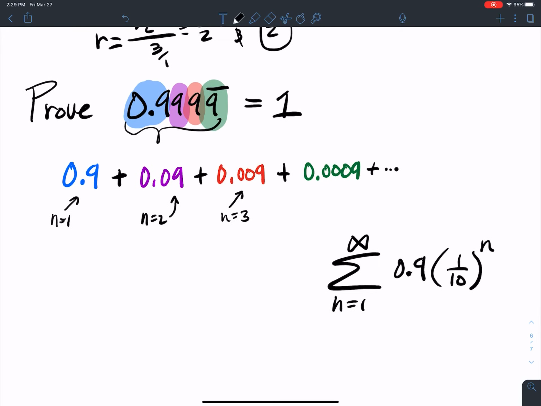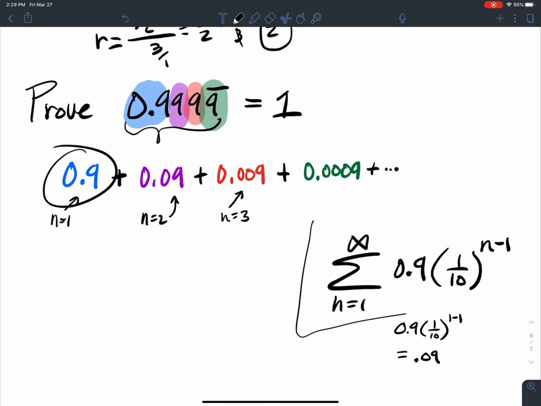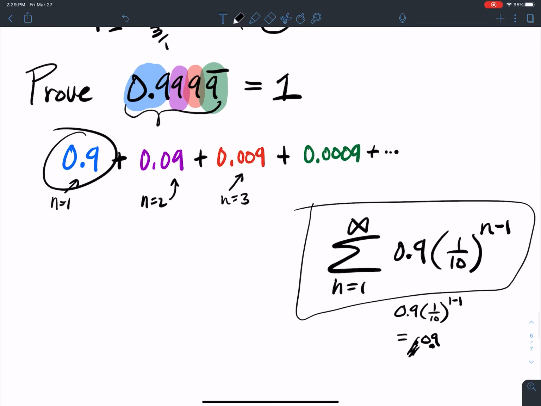If I plug in n equal to 1, I get 0.9 times 1/10 to the 1. That tells me that the first term is 0.09. I want the first term to be 0.9. So I want this exponent to really be 0, so I can just subtract 1 here, and that's going to fix it. So this is what I want, okay? That's how I figure out what my a sub n term looks like, okay?